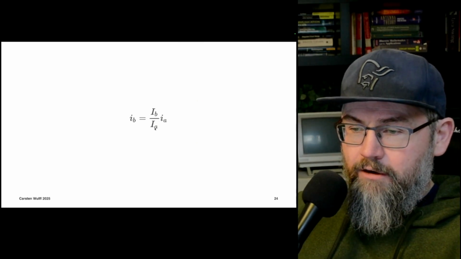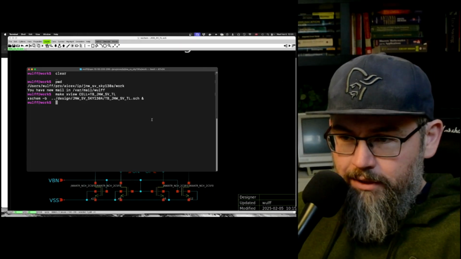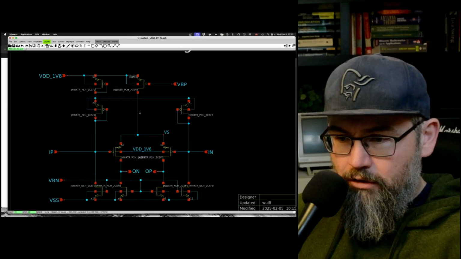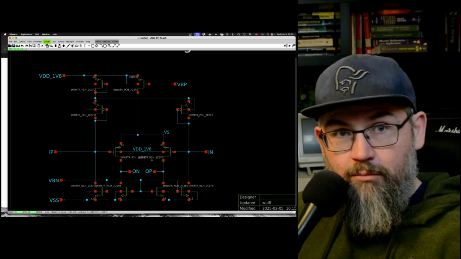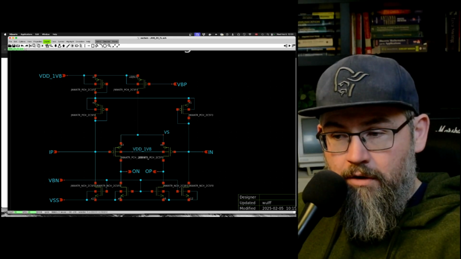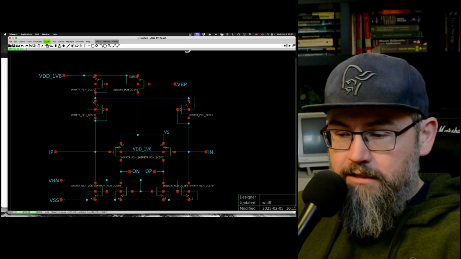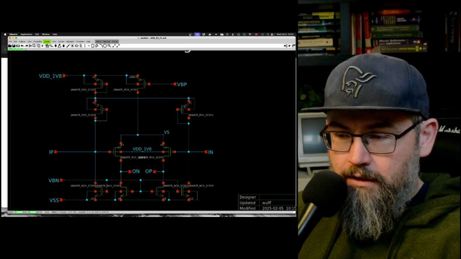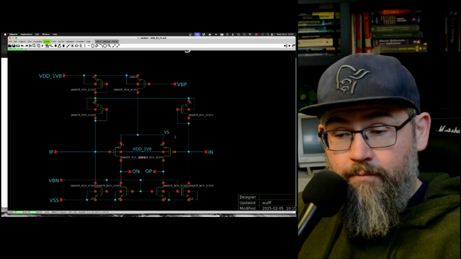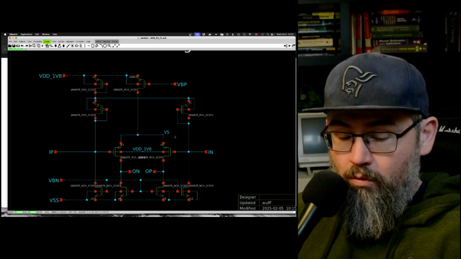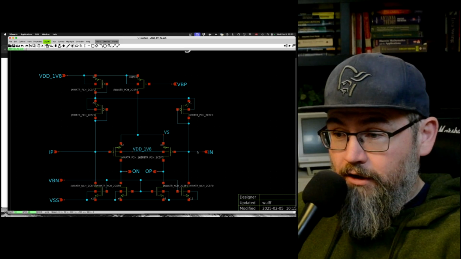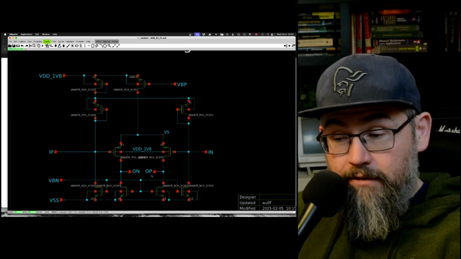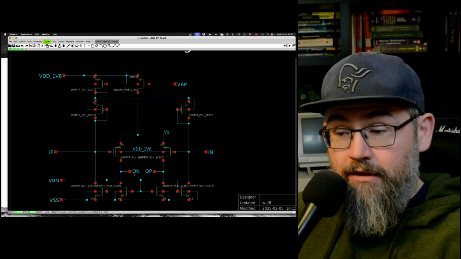So IB and IA here now. IB is the current that I put into my diff pair at the middle here. And IA is the bias current that flows in these diode connected transistors. So if I inject a current at IP, at IN, then I would expect to see a scaled current at the output.